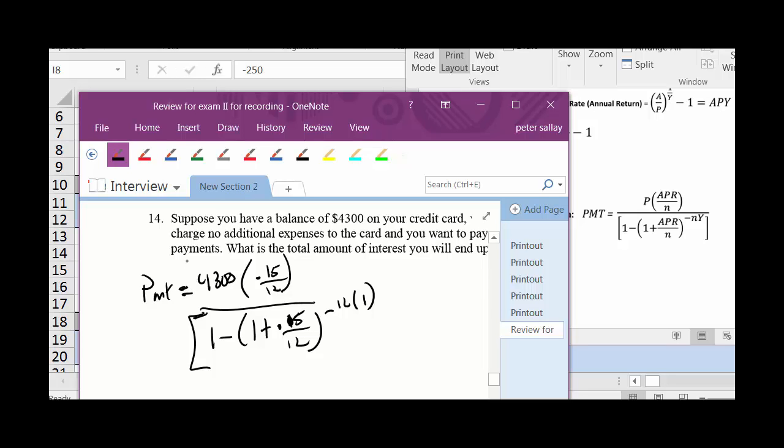All right, so that will tell me what my payment is for each month, and then I can work backwards from there to figure out what the total interest is.